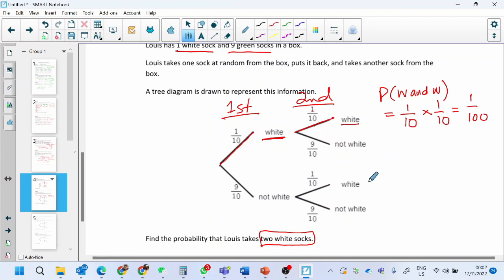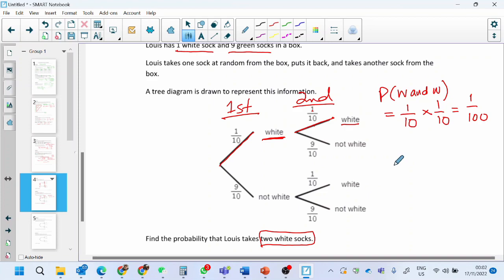So these two events are independent. If two events are independent, then you multiply them together. If the two events are mutually exclusive, then you have to add them.